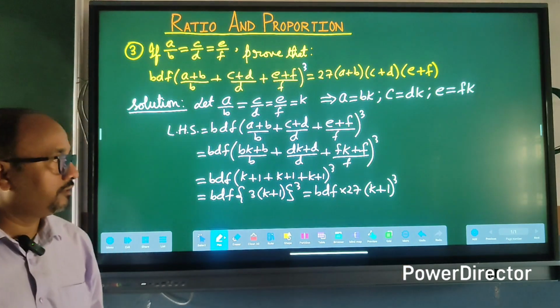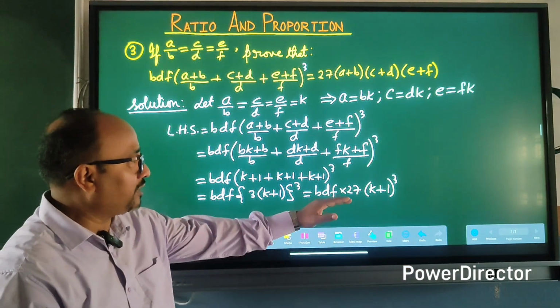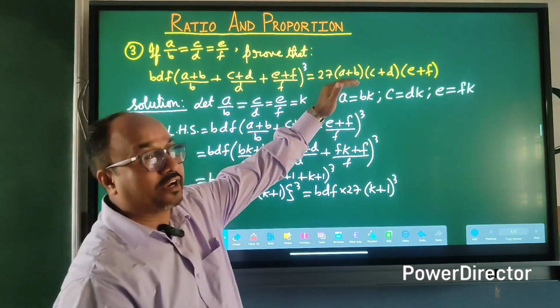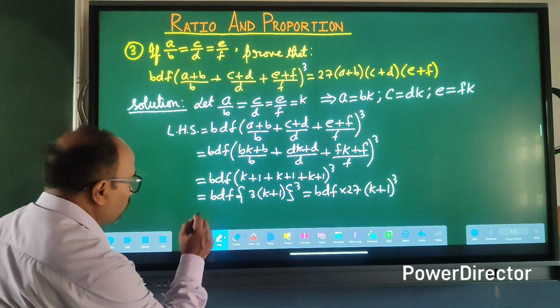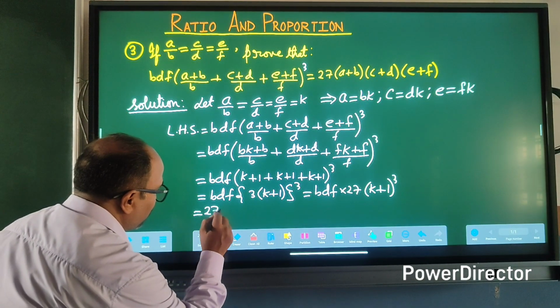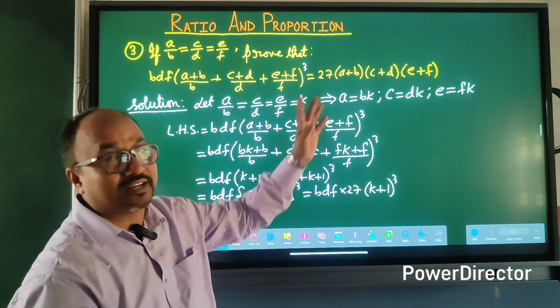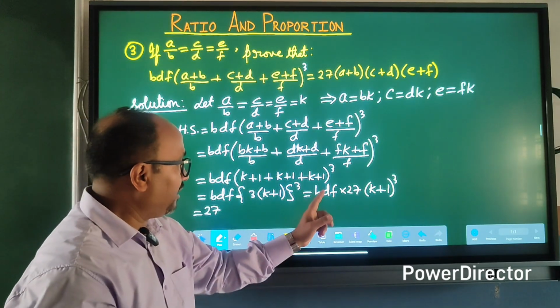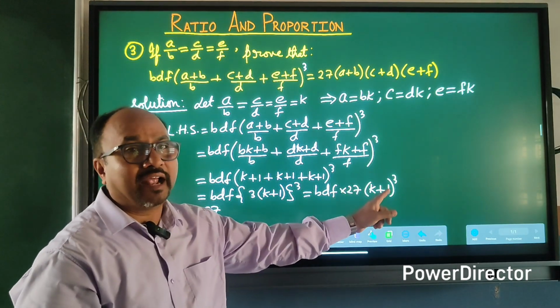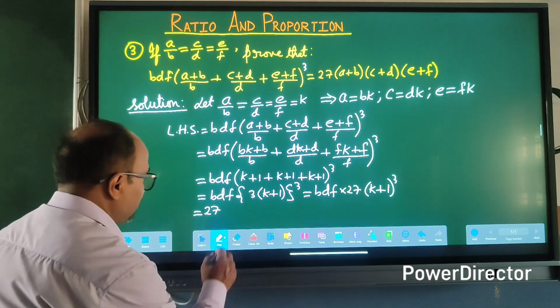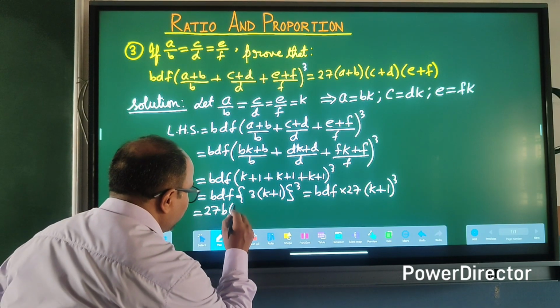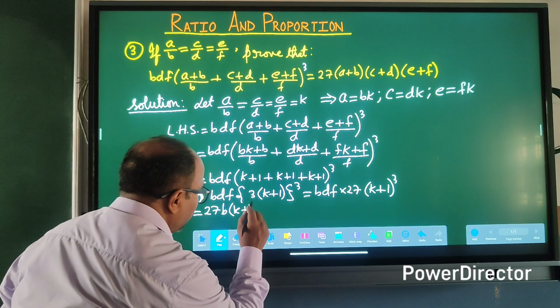Now I have got this value, but remember I have to get it in this way. So what I am going to write here is, first of all, 27, because 27 is needed here. Then I will take B, and with that (K plus 1), so B, and with that (K plus 1).